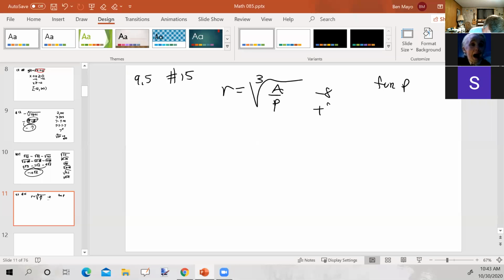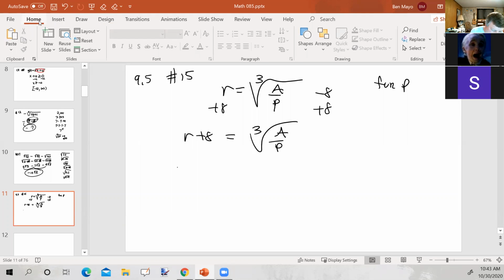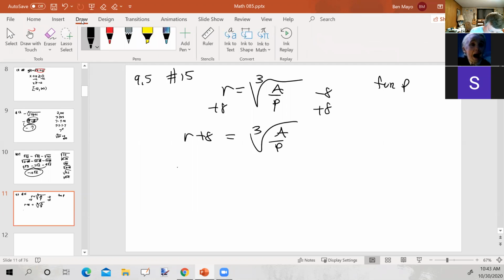So I'm going to add 8 to both sides of the equation. R plus 8 equals the cube root of the quantity A over P. Here, I'm going to cube both sides.